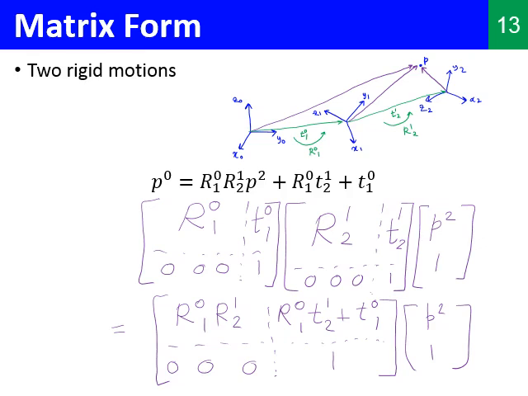So that should be equal to P0, and finally we have 0 times P2 and 1 times 1, which is a 1, right? Okay, so this agrees with our equation, and you can see a sequence of rigid motions can be converted to multiplication of homogeneous matrices.